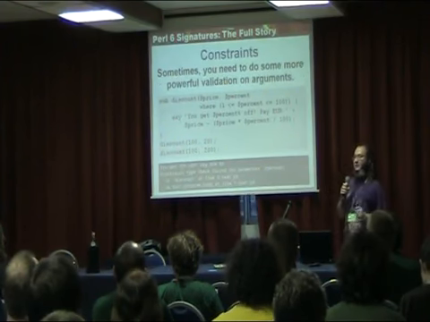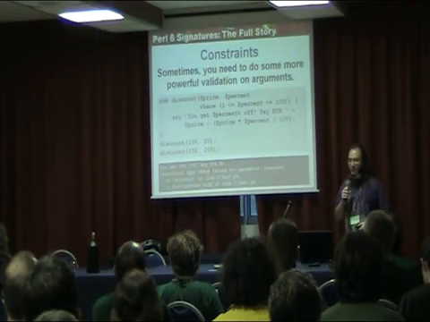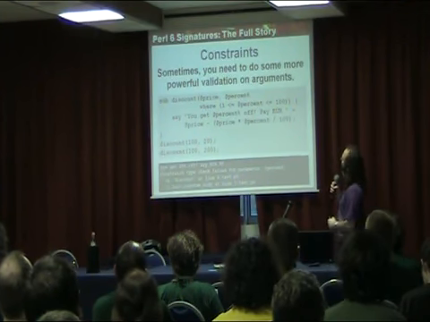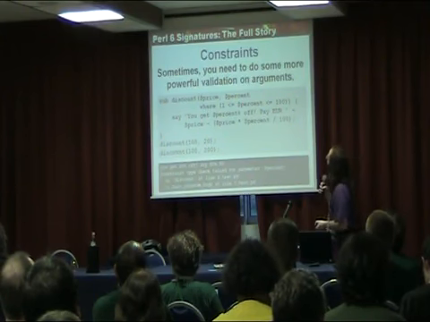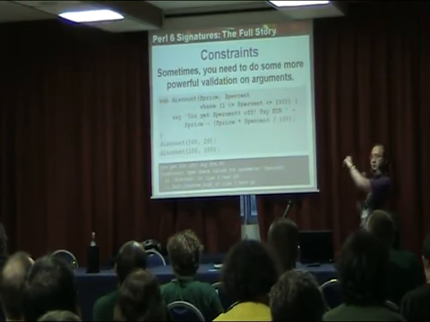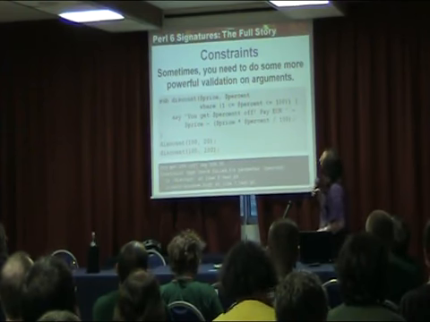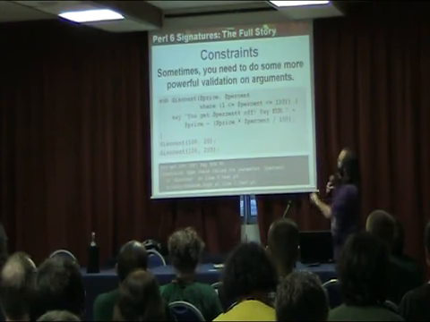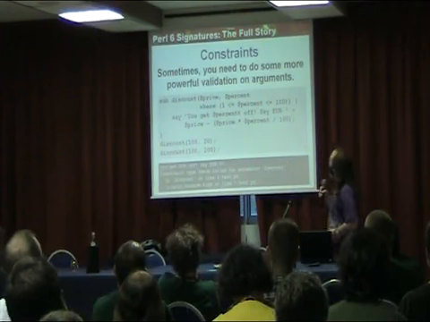So that looks okay, but sometimes you might actually want to have a little bit more control. So you might want to say, I want to just take integers between 1 and 100. Or you might not even care what you have. You might just want it to be between 1 and 100, whatever it is. And the example that I have here is, I'm taking some percentage discount, and I want it to be in that range.